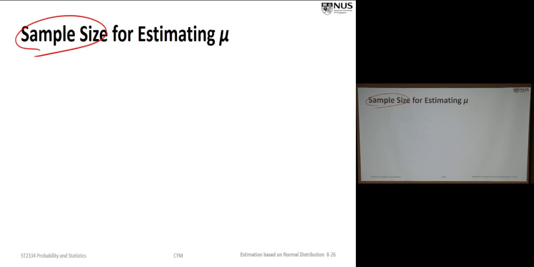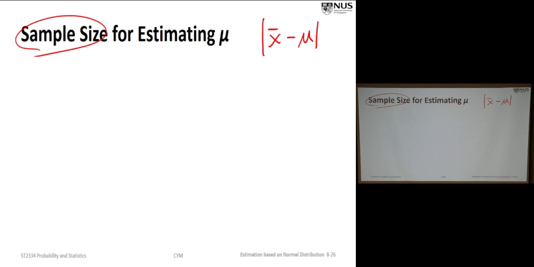So obviously, what we try to do is to get a sample big enough such that the error is small. Remember what is error? Just look at the x bar, for example. I want to use x bar to estimate the mean mu. So naturally, I want this difference, that means my answer from the sample, x bar, with the true answer, the difference of it, to be as small as possible.